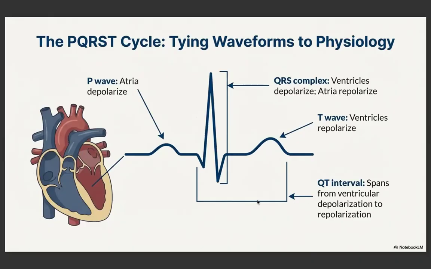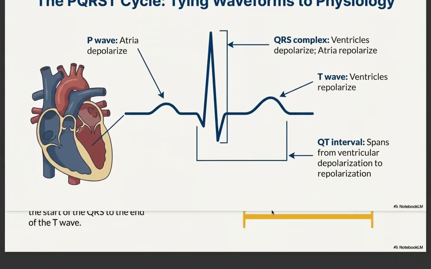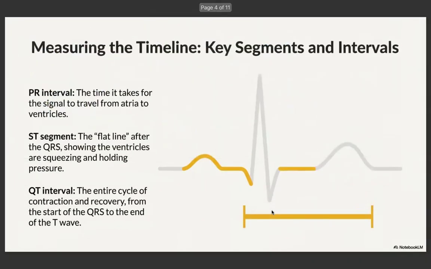And then our QT interval is from the start of that kind of dip for the beginning of the QRS complex into the very end of the T wave. And this is going to specifically show you ventricular depolarization and repolarization and kind of how long it takes to do that.